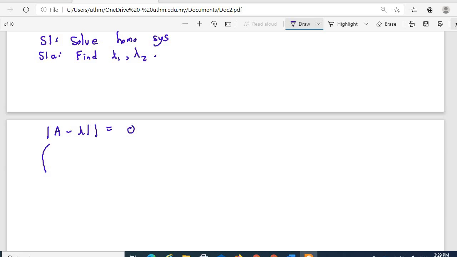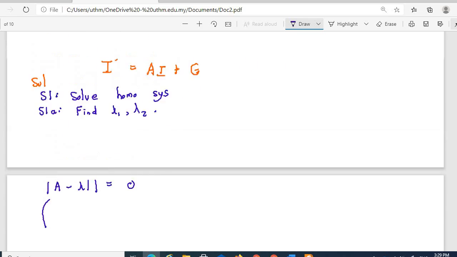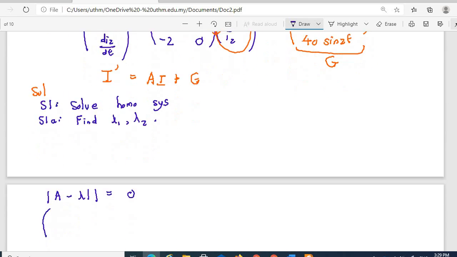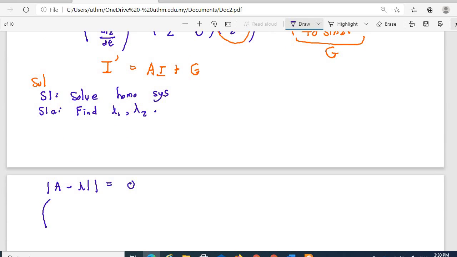What's the matrix A just now? Negative 5, 2, negative 2, 0. Negative 5, this negative 2, this is 0, this is 2.